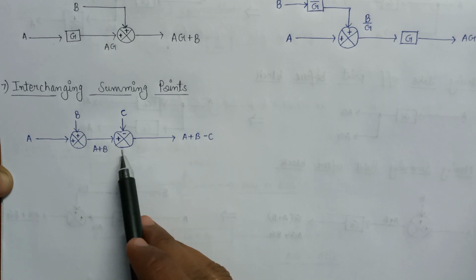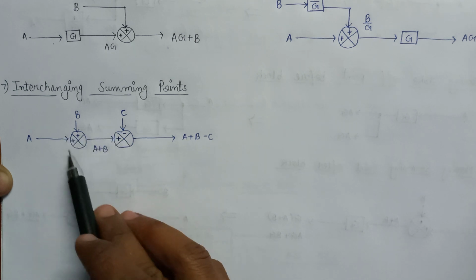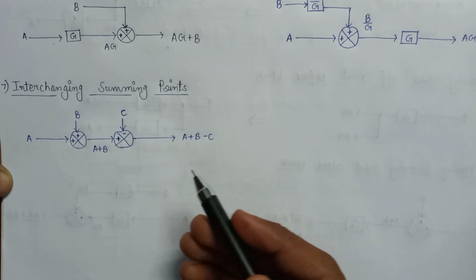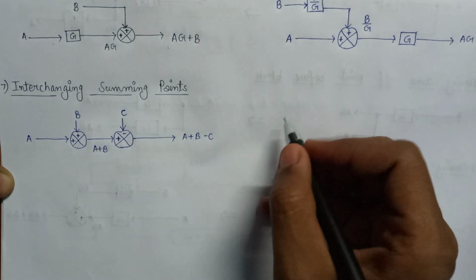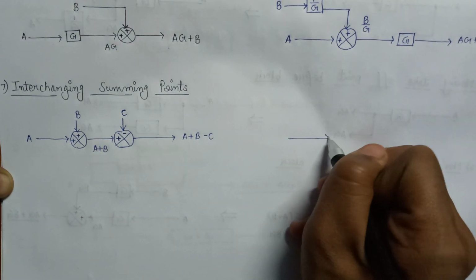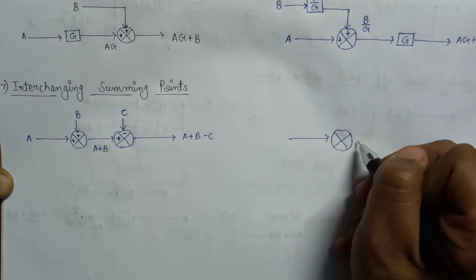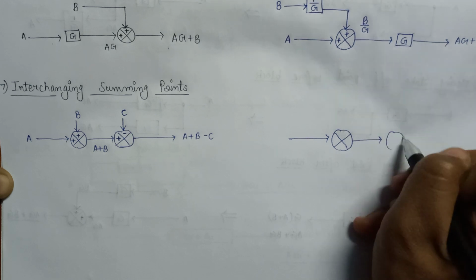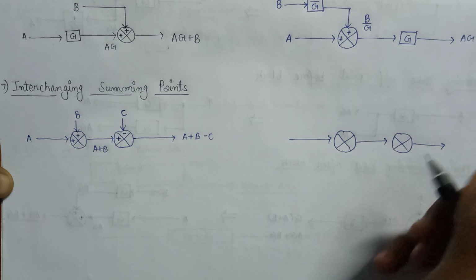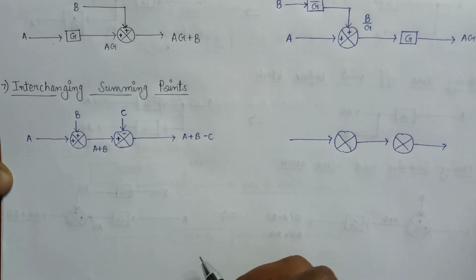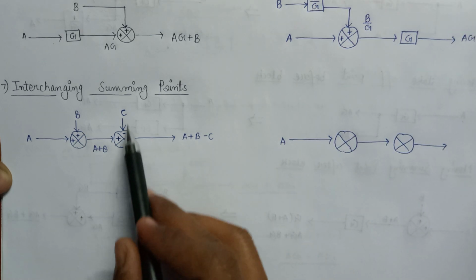Now just have a look at the case where we interchange both summing points. What will be the effect on the output if we interchange these summing points? Now let us draw this case also. So here is the input A, which is applied to this summing point.